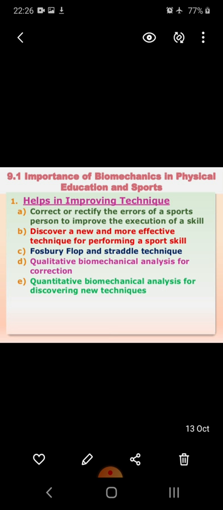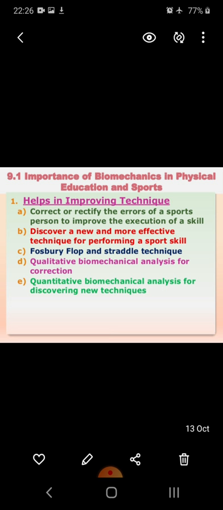Second, the sportsperson may discover new and more effective techniques for improving a sports skill. For example, Dick Fosbury discovered the new technique of high jump.